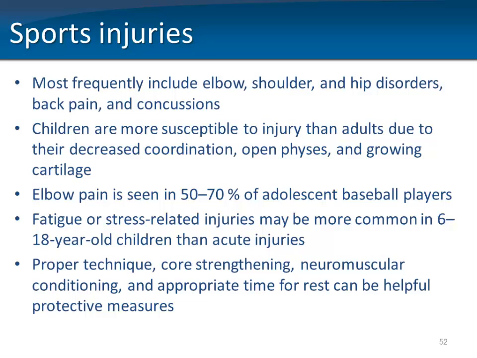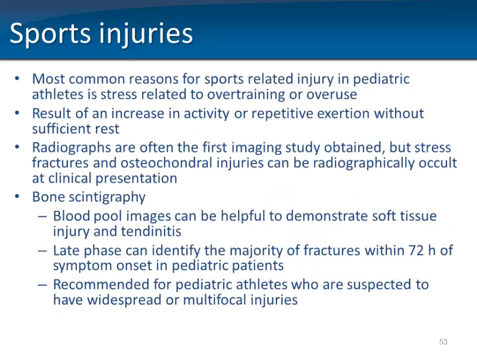Mechanisms include lack of proper technique; they need more core strengthening, neuromuscular conditioning, and appropriate time for rest in order to reduce the incidence of sports injuries. It is most commonly caused by overtraining or overuse.